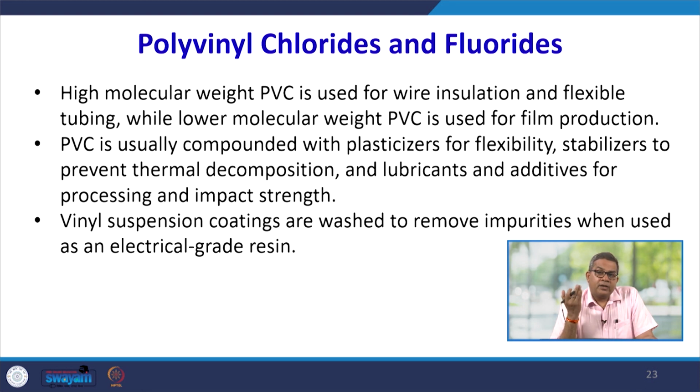Now, PVC needs some stabilizers to prevent thermal decomposition because sometimes these products may be exposed to higher temperatures, like electrical wires or garden hoses, etc. And also some lubricants and additives for processing and impact strength. Now, vinyl suspension coatings are washed to remove impurities when used as an electrical grade resin.